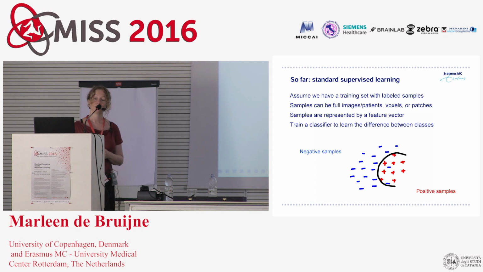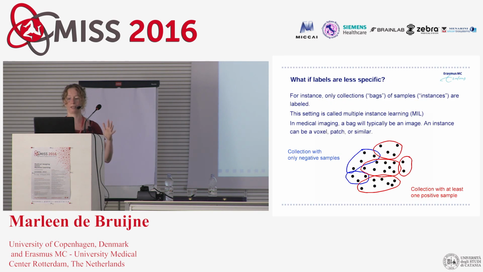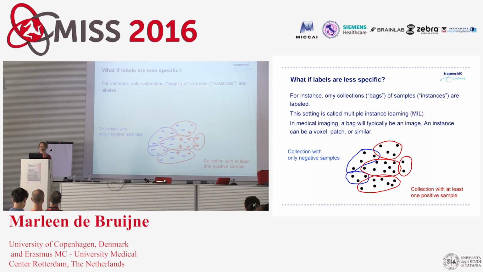Now what if we have labels, but they're a little bit less specific than this? For instance, we only have collections of samples that are labeled. We have collections of samples, which we, in the multiple instance terminology, call bags.